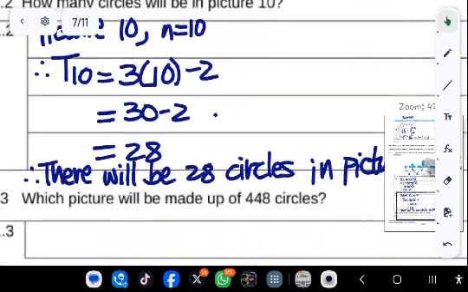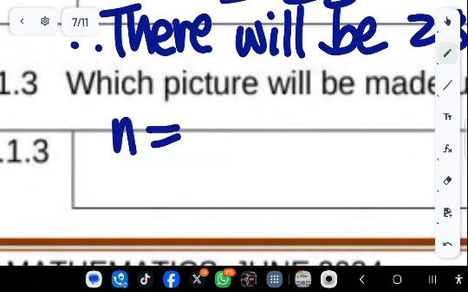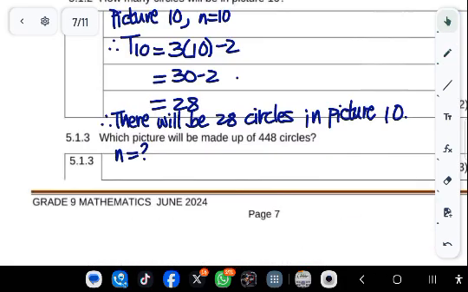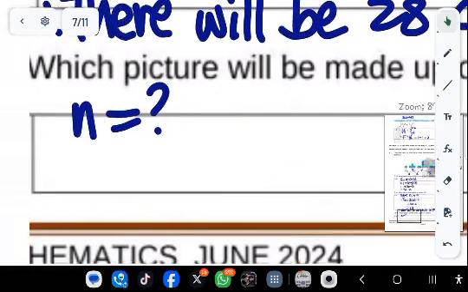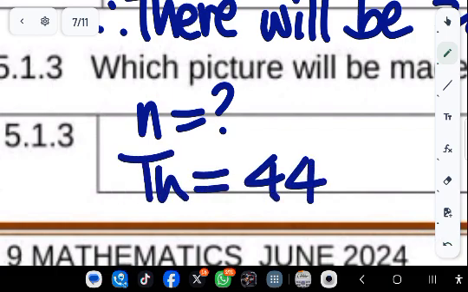We want to know the picture number, that is n, when the number of circles is 448. So this is what we want to know: Tn is equal to 448.